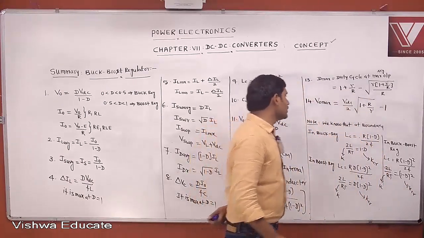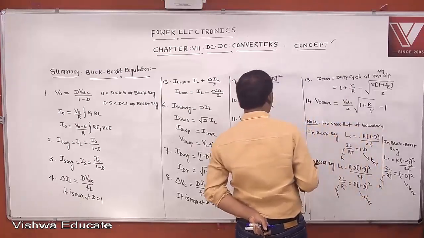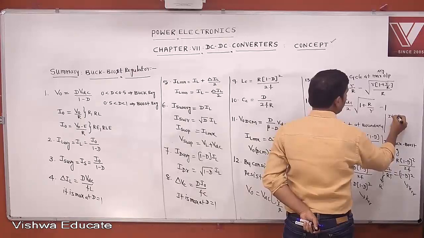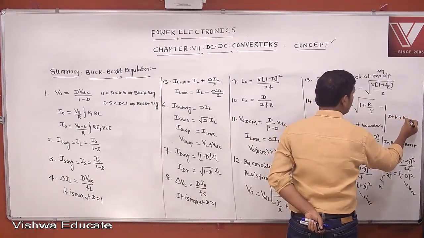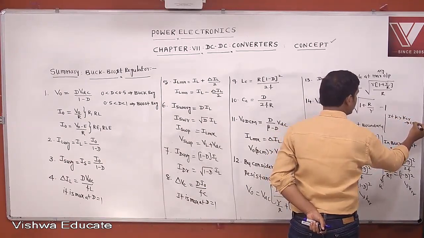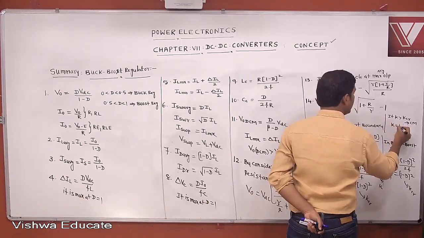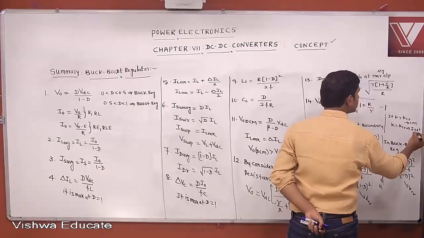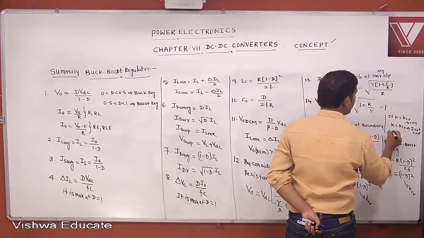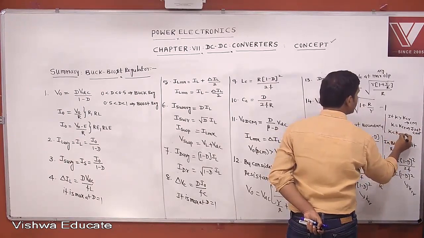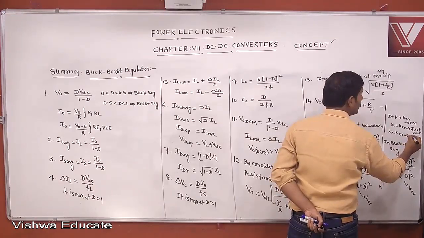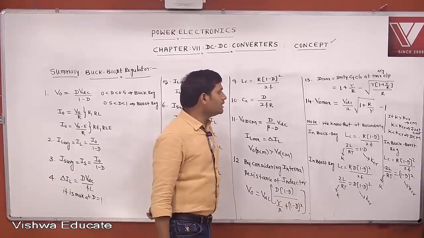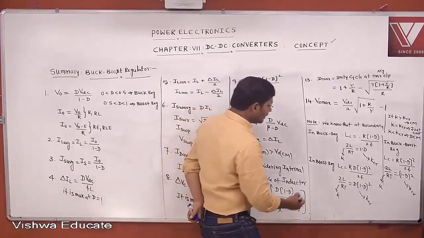In any case, if K is greater than KCR, which mode? Continuous mode. If K equals KCR, it is just continuous. If K is less than KCR, then it is discontinuous mode. What is K here?